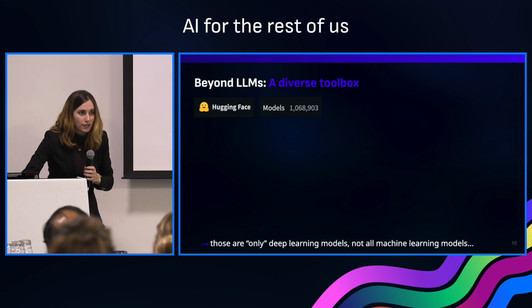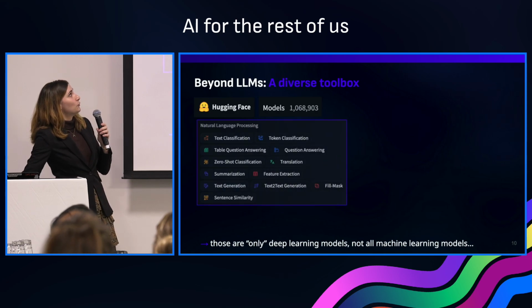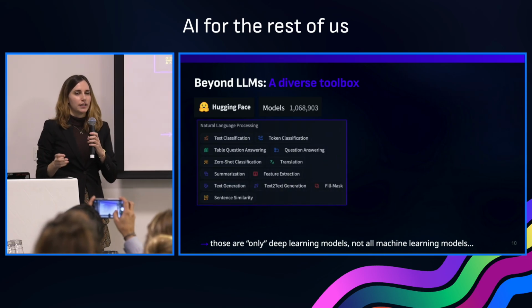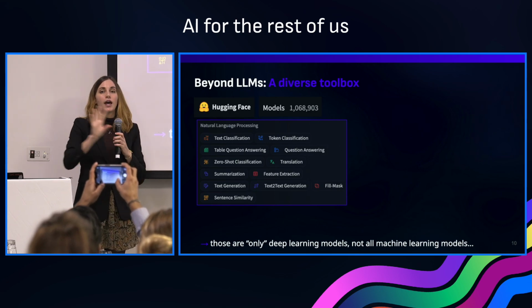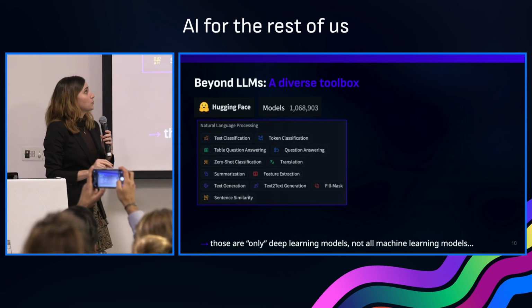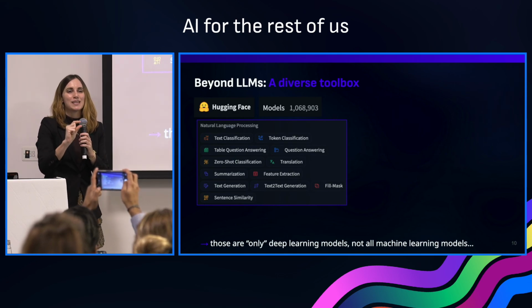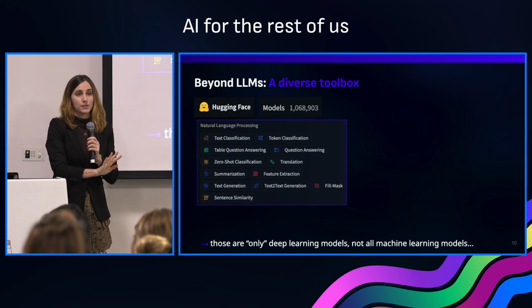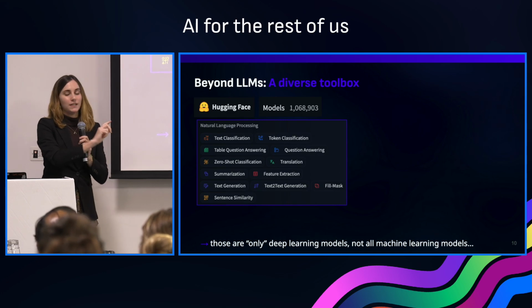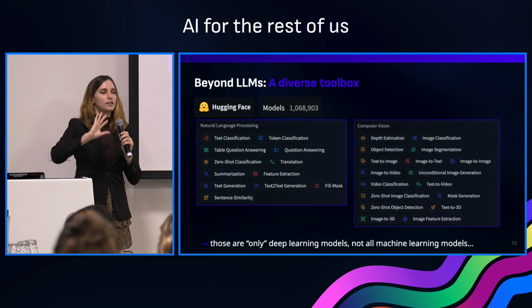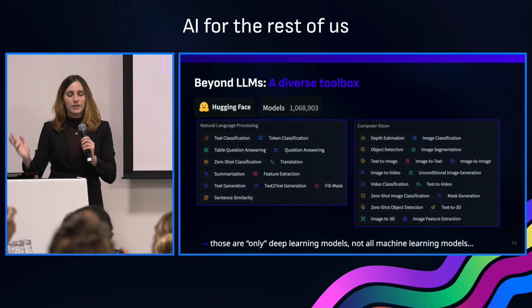So what are these models? I mentioned before that my main expertise is natural language processing, so anything that has to do with language and machine learning. And LLMs, which is text generation, are just one tiny subclass of what natural language processing is. But next to NLP, there is computer vision, so anything with images or video.